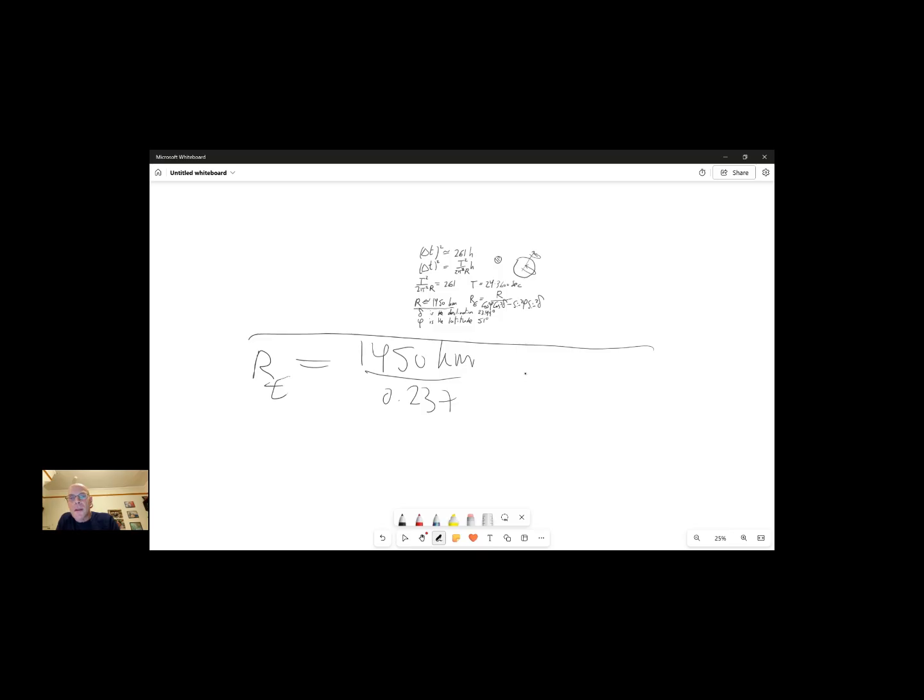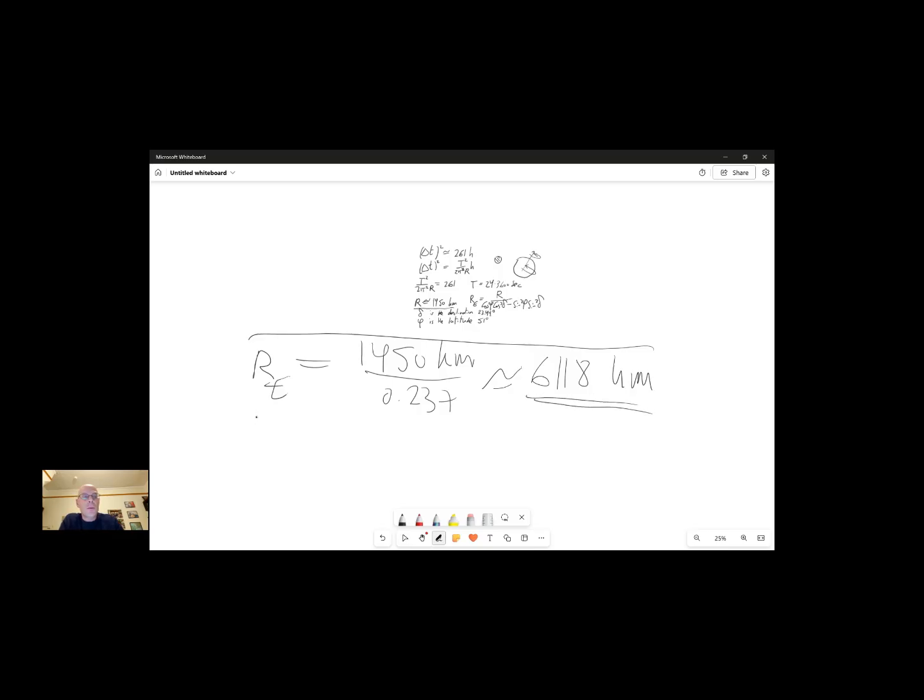So what I get as an estimate for the radius of Earth is 6,118 kilometers. Now let's compare to the real value. So that's my estimate for the radius of Earth.